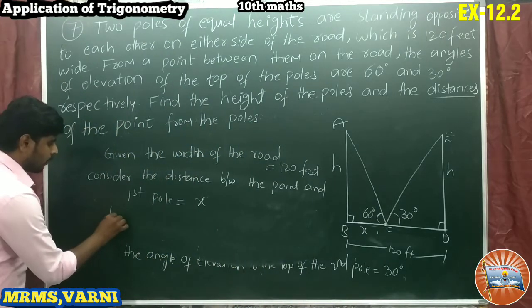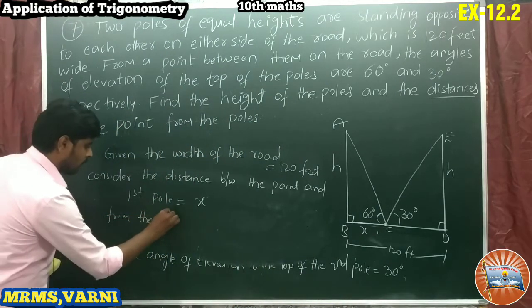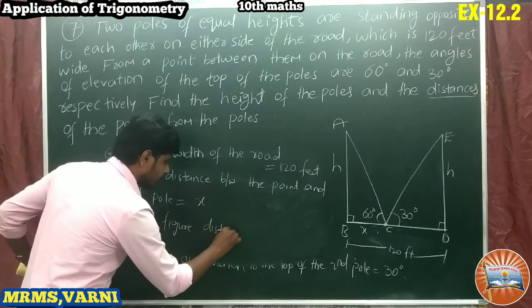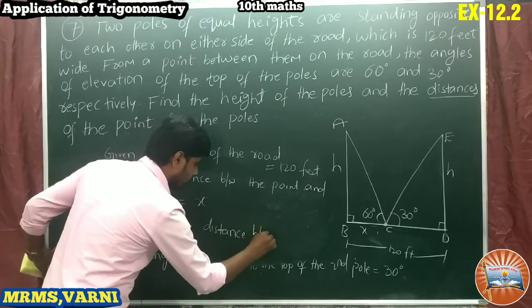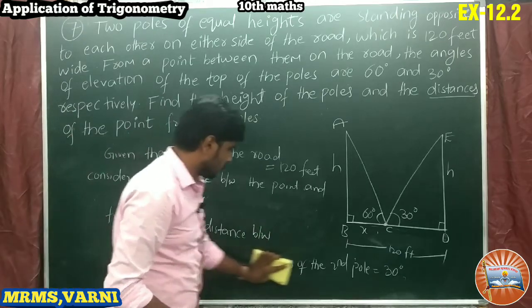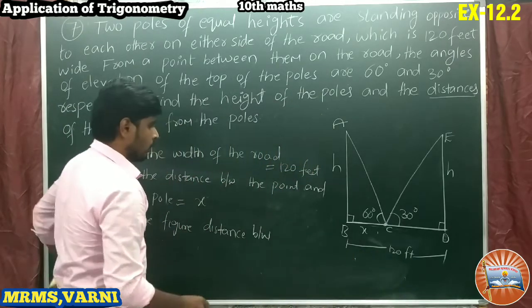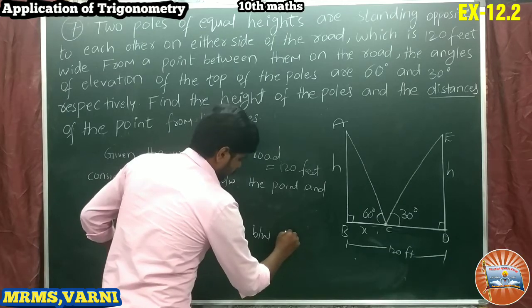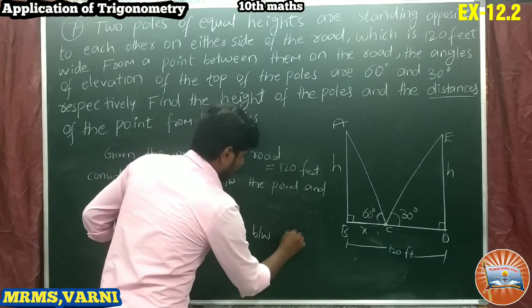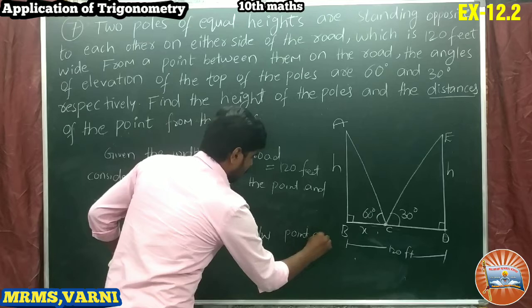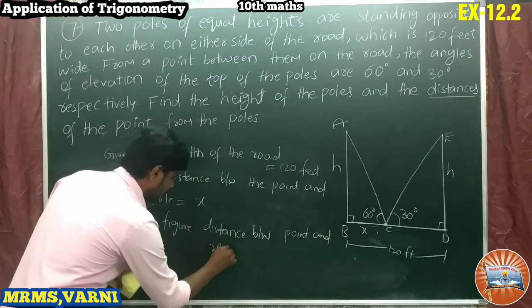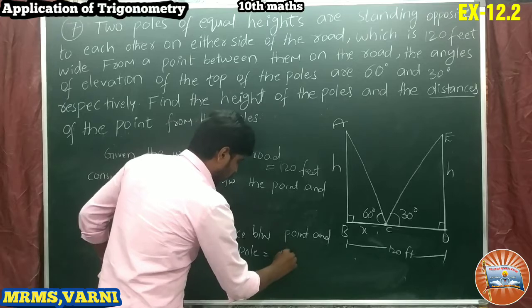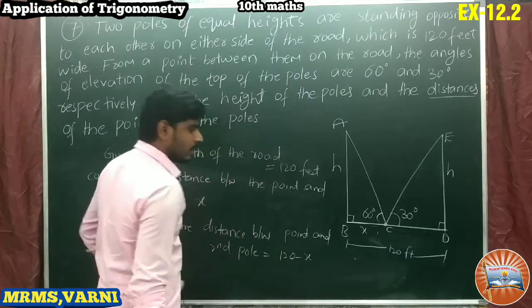So from the figure, the distance between the point and the second pole, how much? 120 minus x, isn't it?